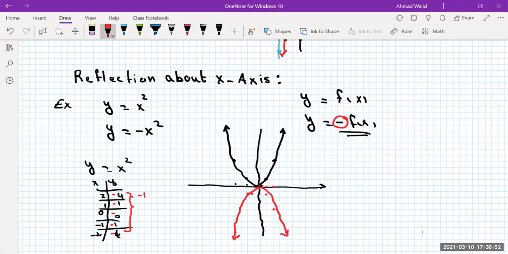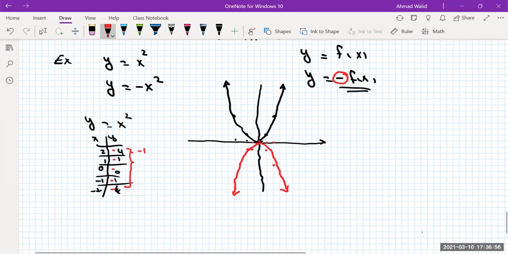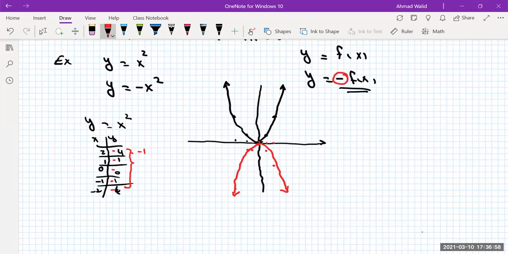I'm not focusing here too much on giving you really beautiful graphs. I'm trying to explain, correct?